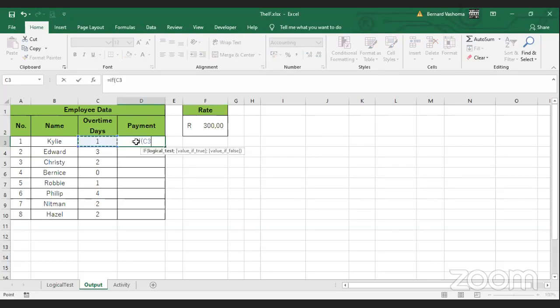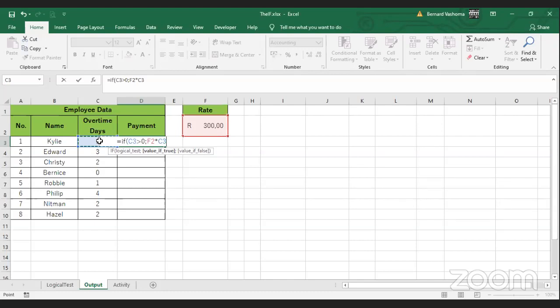So this means that if that value is greater than 0, that person should be paid overtime based on the amount of days they worked against the rate. Now, our rate is found in what? F2. Jessica, you're paying attention. F2, right? So the rate is multiplied by the number of days that they worked there in C3. This is now our value of true.